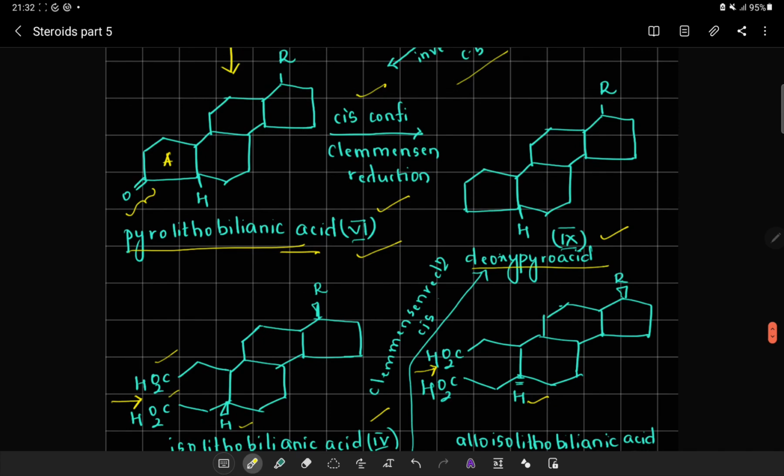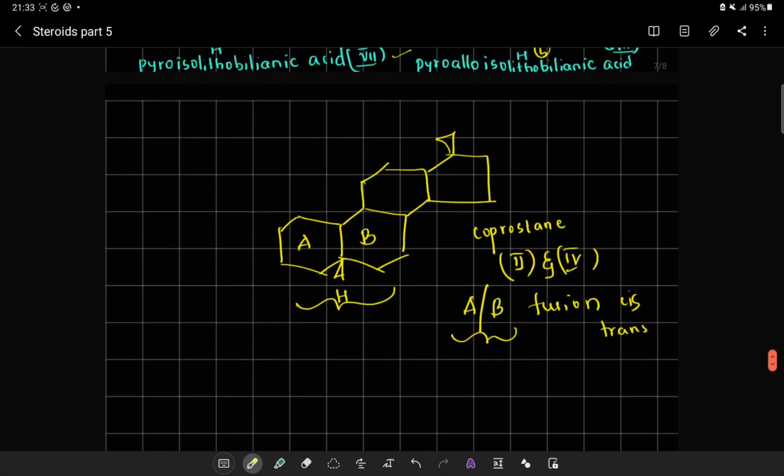Based on all these systems, they gave only one compound called deoxypyroacid. Based on all these conclusions, we could understand that the ring fusion between A and B in the cholesterol system is cis, but in naturally occurring systems, there also has been a report of trans systems respectively.